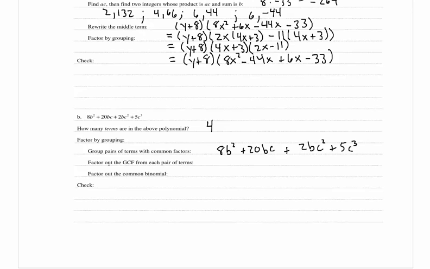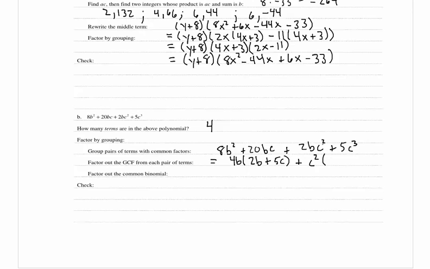And now we want to factor out the greatest common factor from each pair of terms. So this is going to be equal to, in the first 2 terms, we can factor a 4b out. And when we factor a 4b out, we have 2b plus 5c. In the last 2 terms, we're going to factor out a c squared.